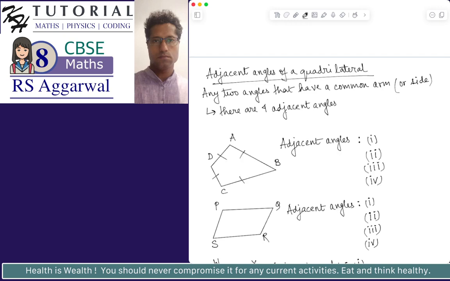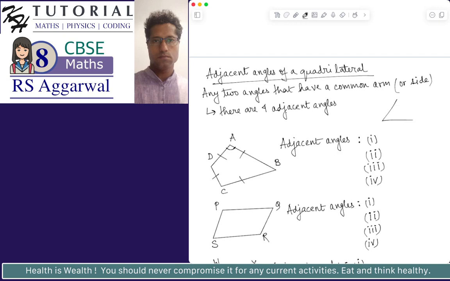Now, if you consider the angle A, this angle A has two arms, basically two sides. An angle is formed by two arms that meet at a common point, or have a common vertex.